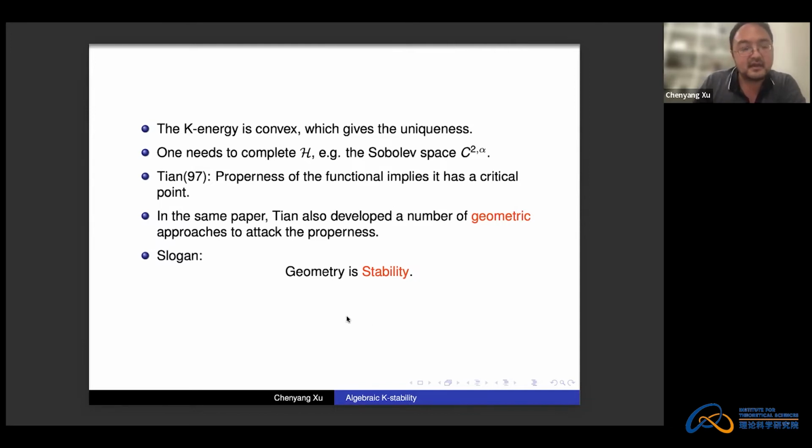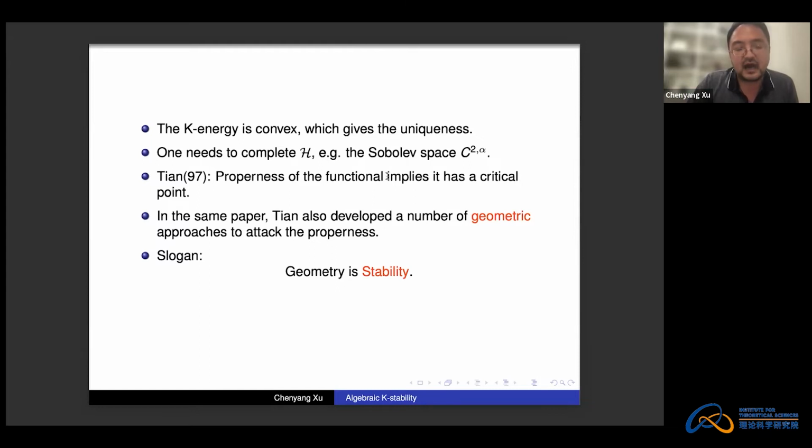And then in 1997, Tian showed that the properties of this functional imply it has a critical point. So in other words, for the purpose of finding a Kähler-Einstein metric, it suffices to check whether this functional is proper.